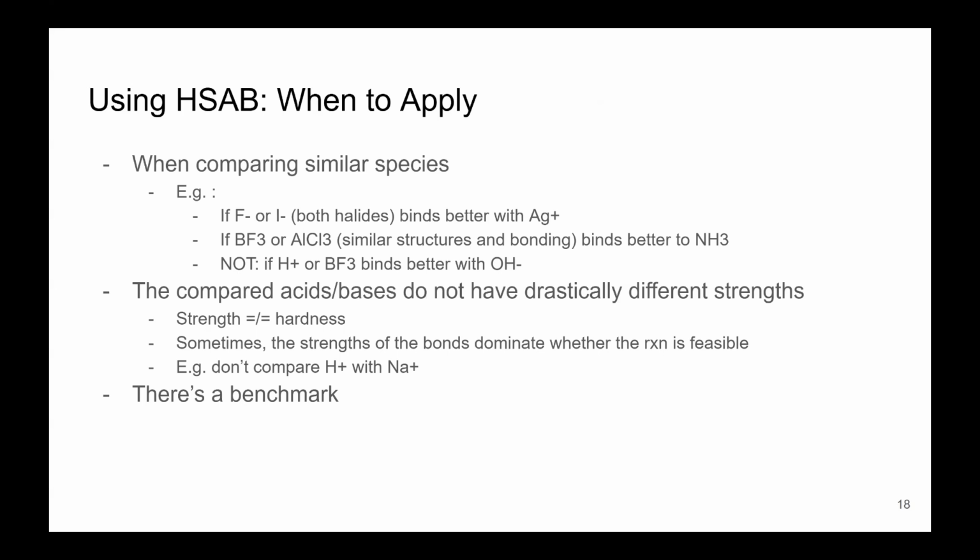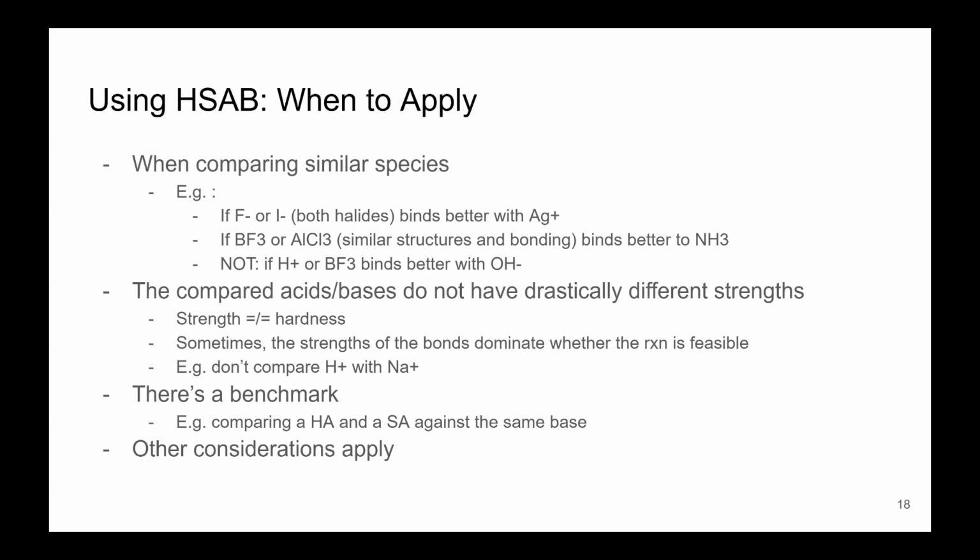You don't have a benchmark Lewis base to compare H plus and Na plus with, so you cannot just compare the favorability of two completely different reactions with no benchmark. What we should do instead is, for example, compare a hard acid and a soft acid against the same base and determine which one will interact more favorably.